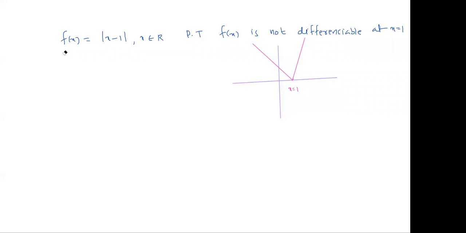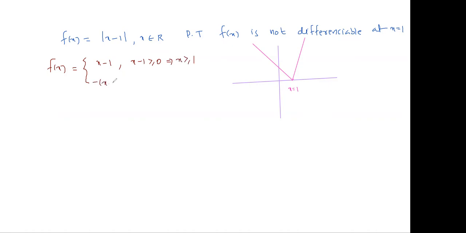So anyway, I will prove it theoretically because we have to prove it theoretically also. So this function is f of x is equal to, with mod x we cannot do the answers, so we have to remove the mod symbol. It is equal to x minus 1 itself if x minus 1 is greater than or equal to 0, that means x is greater than or equal to 1.